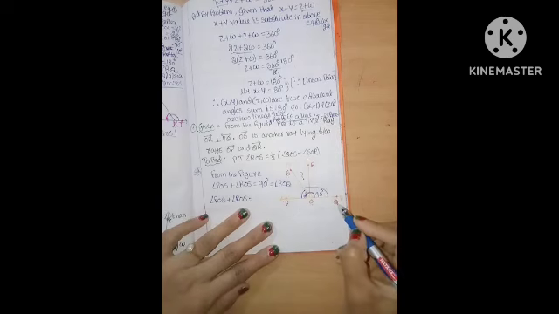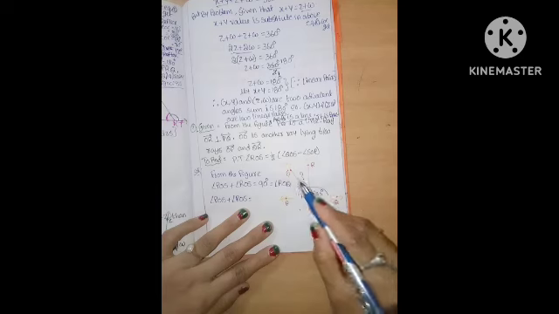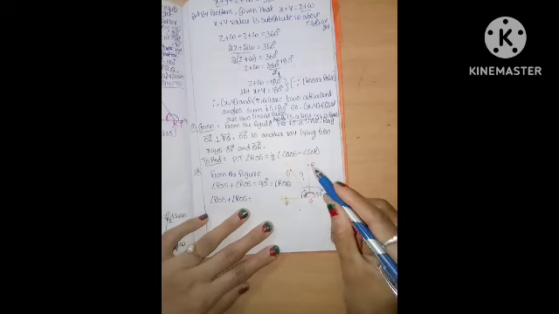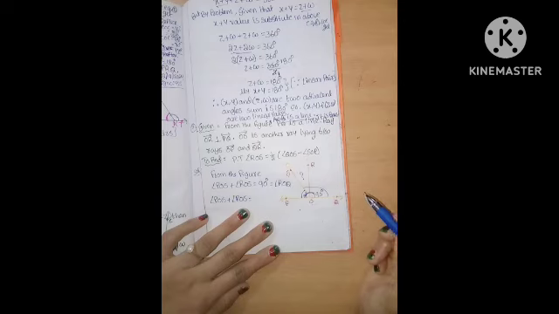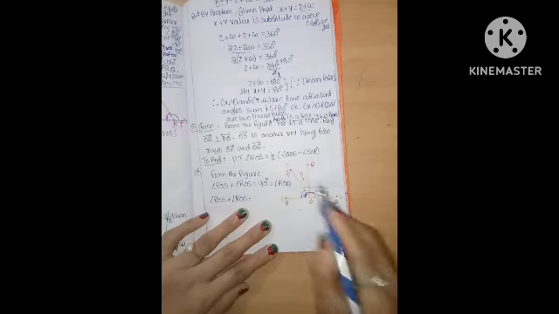How will you write ROQ? ROQ is nothing but this part, QOS minus ROS. So ROQ equals QOS minus ROS.